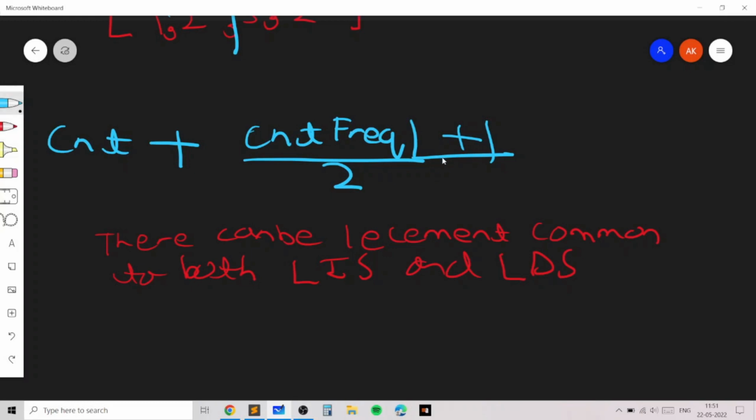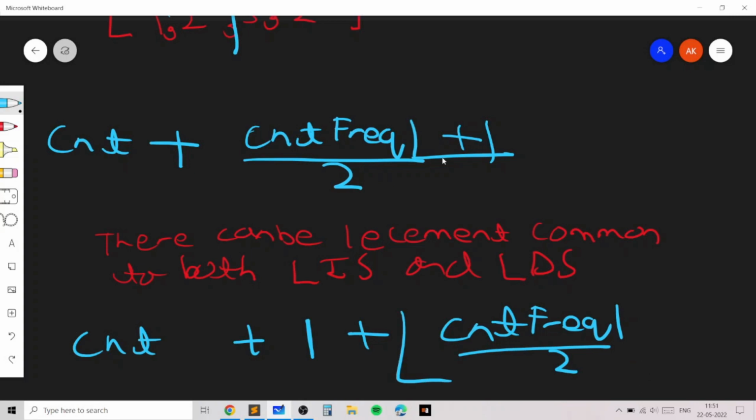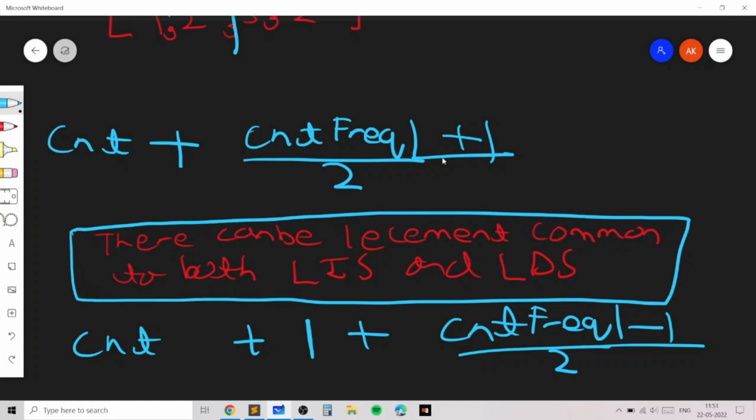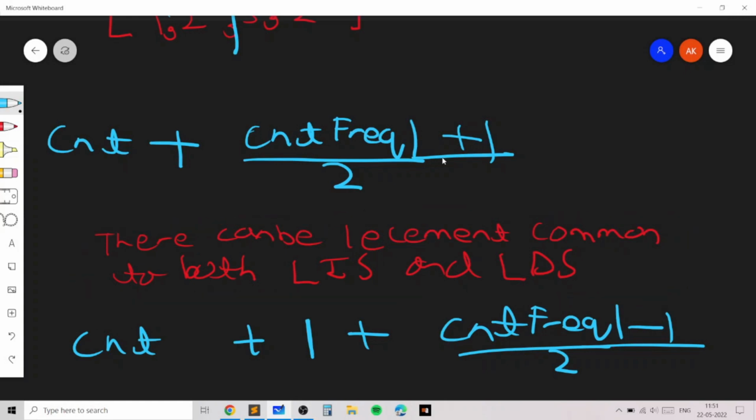So you could either write it as the ceiling of this. So this is one way to write the expression, and the other way is you remove the element which is common to both, and then you take the floor of the remaining, which is essentially the same as doing this. So both ways, either explicitly saying that you're keeping one element common to both LIS and LDS, and then taking the floor of the remaining elements, or if you just use the fact that in case the number is not even, in case it won't be evenly distributed to both halves, then only you will keep one element common to both LIS and LDS.